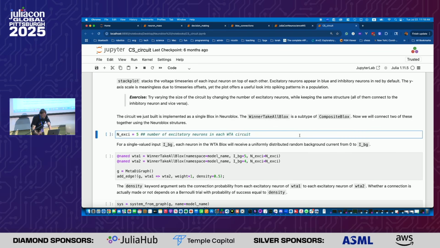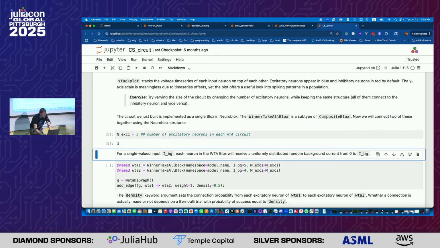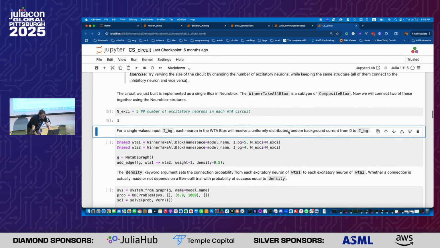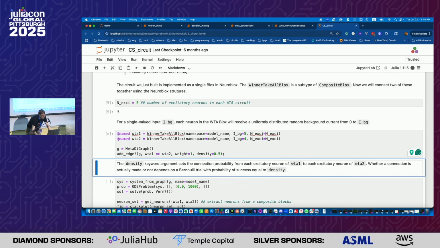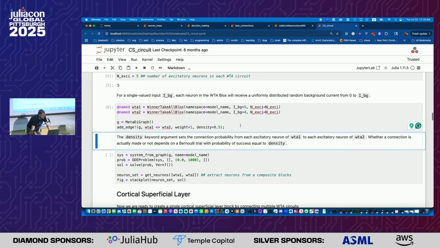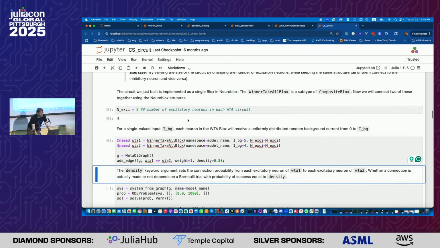Now we want to connect two winner takes all circuits together. So we essentially create different currents to the different winner takes all circuits. Create essentially again a system. And now the interesting thing is we don't even have to create it from neurons, right?